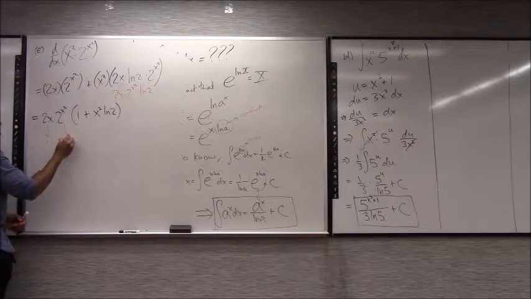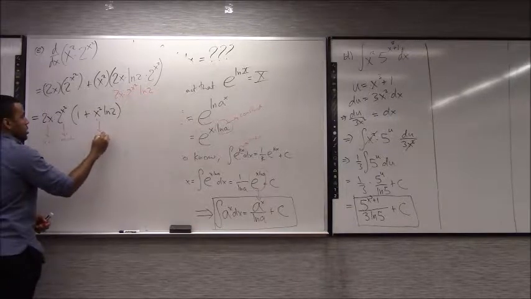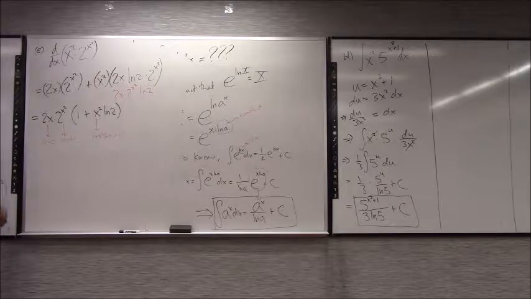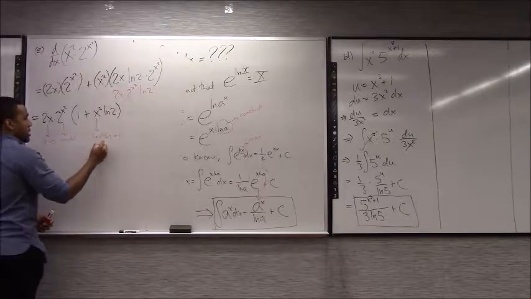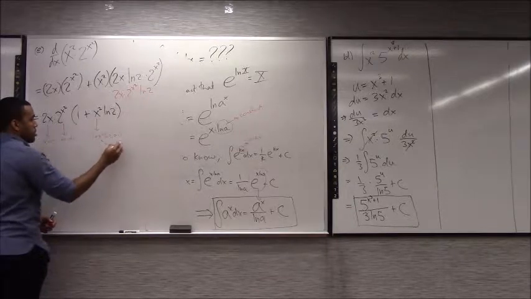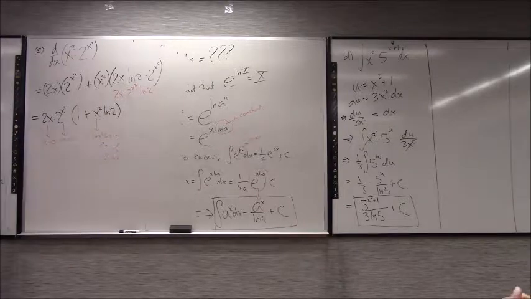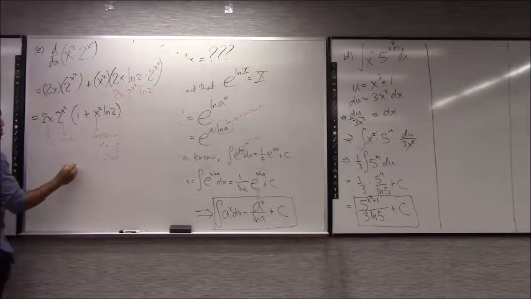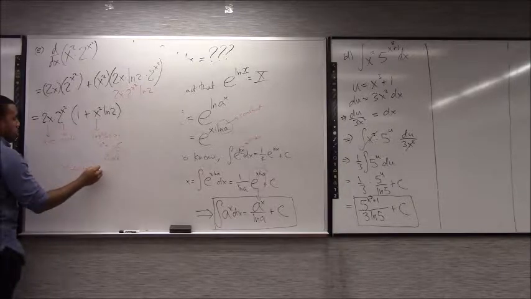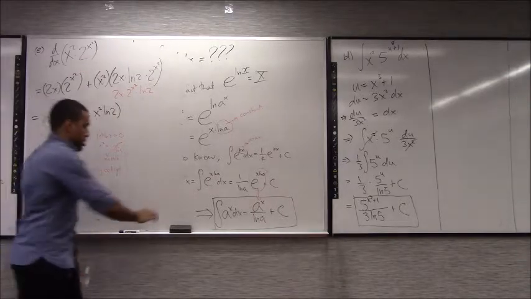So that's no solution. What would this mean? You'd have 1 plus x squared ln 2 equals 0. So basically x squared is equal to minus 1 over ln 2. That also has no solution. So in other words, x equals 0 is the only critical point. Just a little reminder there.